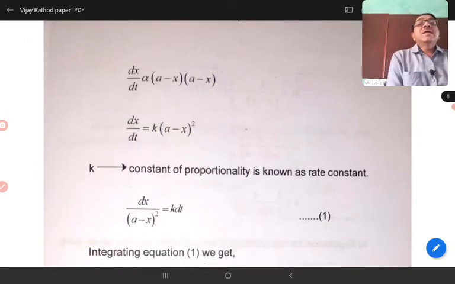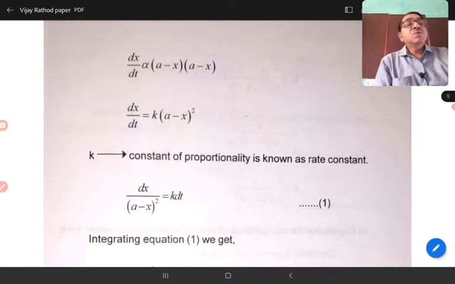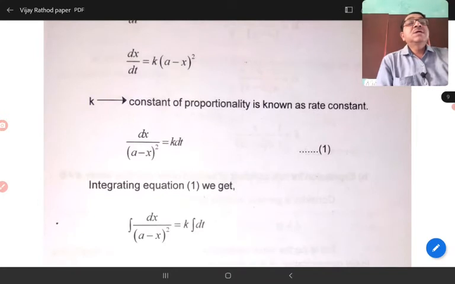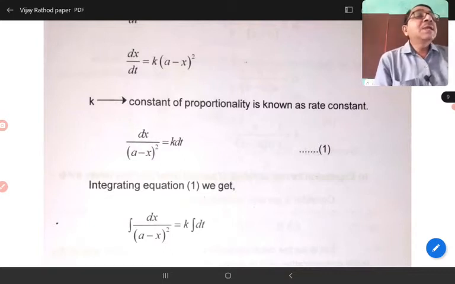Now dx by dt is equal to k into a minus x whole square. Here k is nothing but the constant of proportionality, which is known as the rate constant.